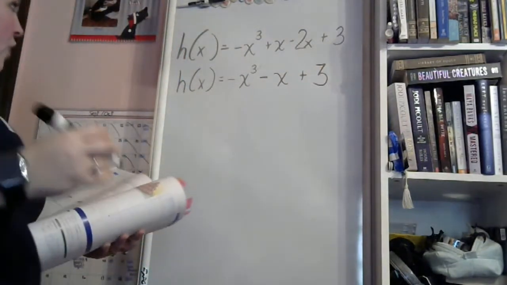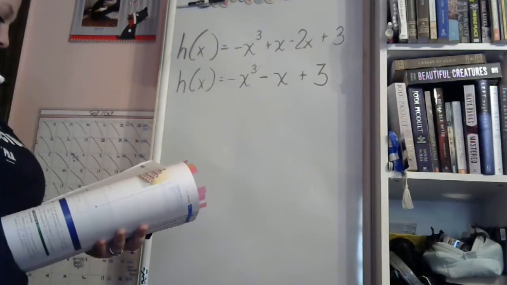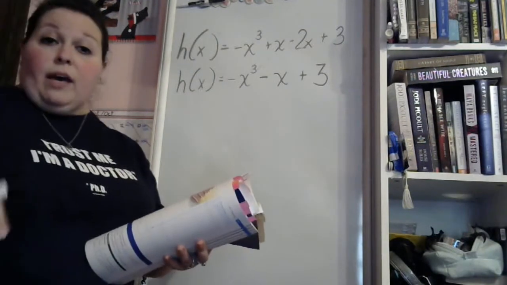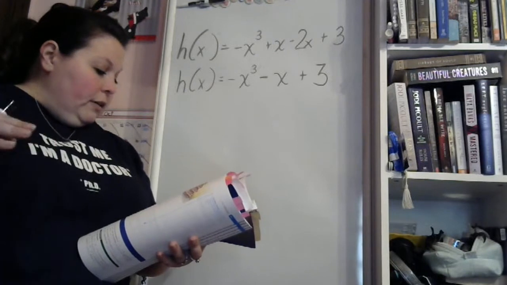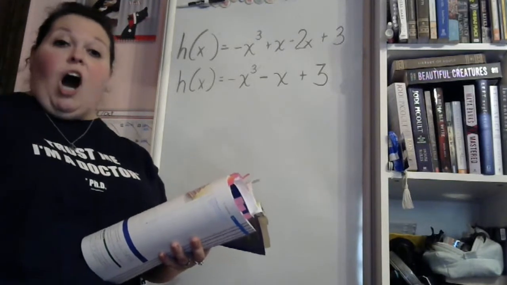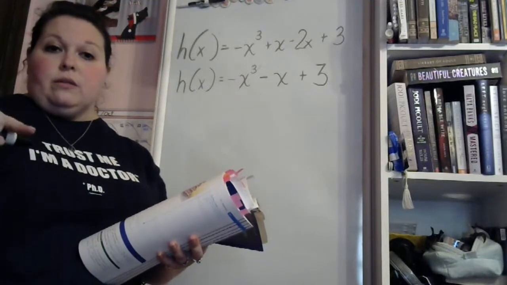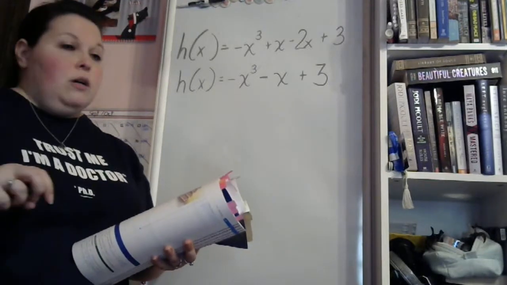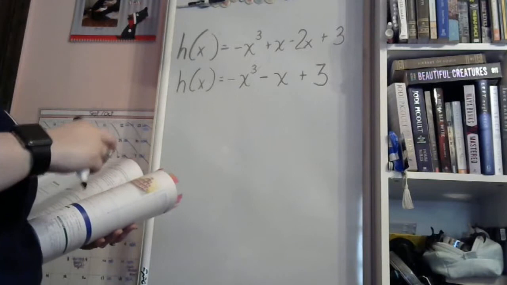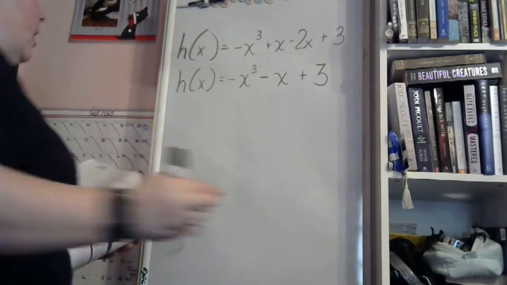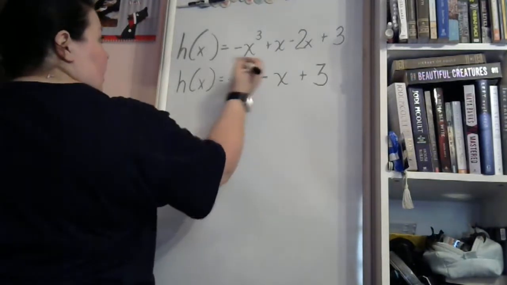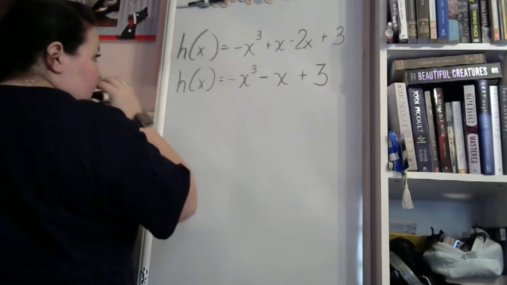Okay, so now if you look at self-check number 4, we have an A and we have a B. In letter A, it just says h of 0. That's how we read that, with the 0 in the parentheses is h of 0. So that means that we're going to plug 0 in everywhere that there is an x. Now here's the thing.